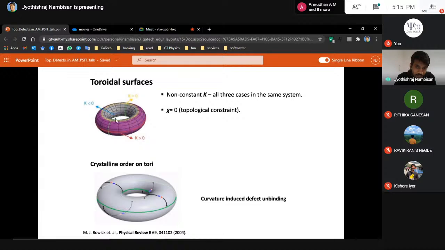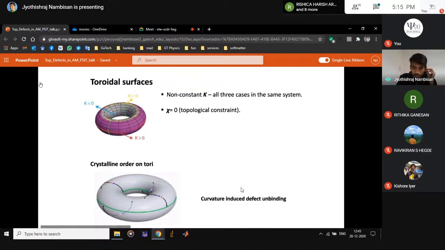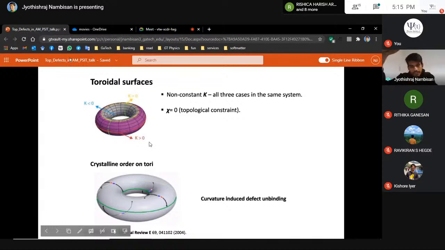But curvature, since it is non-constant and varying throughout the surface, can have different effects on different kinds of defects. This was predicted by theory and then later observed and quantified in experiments in our group, where if you put the same active nematic system on a torus, which is what I do for a living, you have defects separating and unbinding induced by curvature, because here, unlike the case of a flat space, you have a field of curvature.